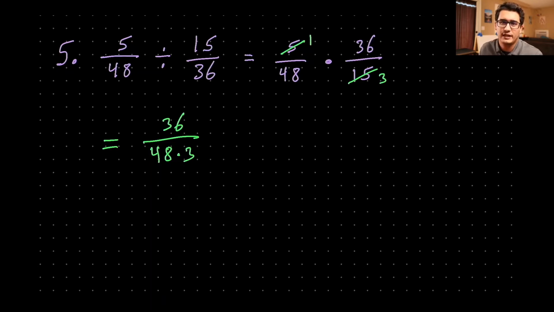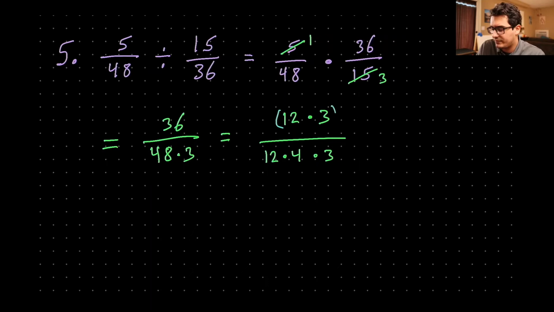Okay, so let's go ahead and introduce sort of another thing we can do, and that would be factoring. So let's go ahead and break up our 36 as 12 times 3. And then 48 is 12 times 4, and then we have that times 3 still. So just to clarify, we're breaking up these numbers here.